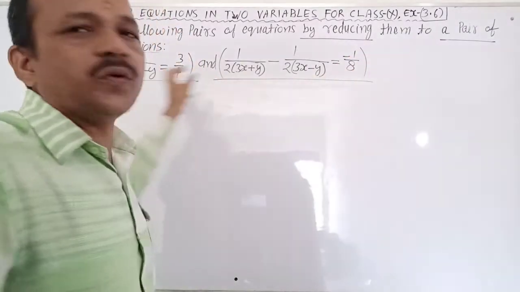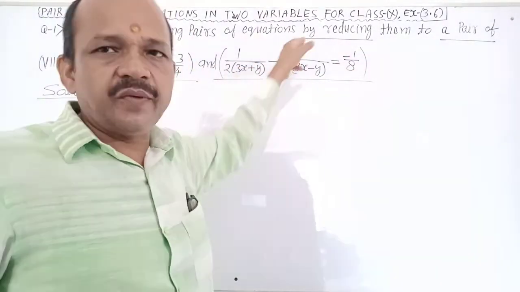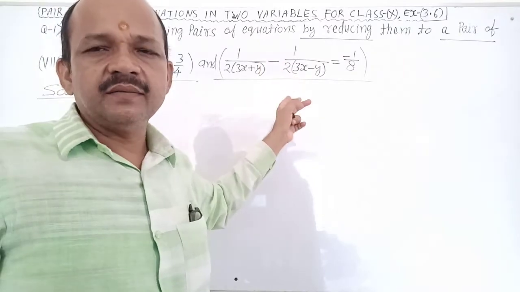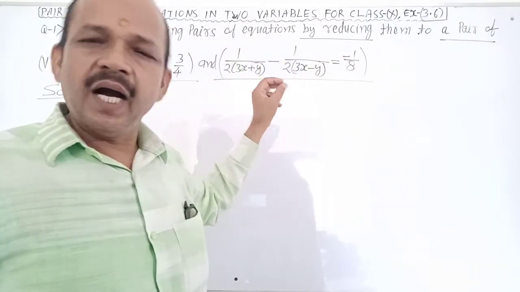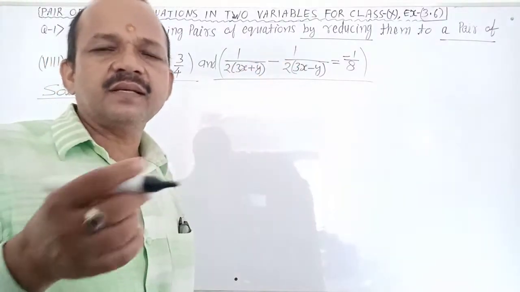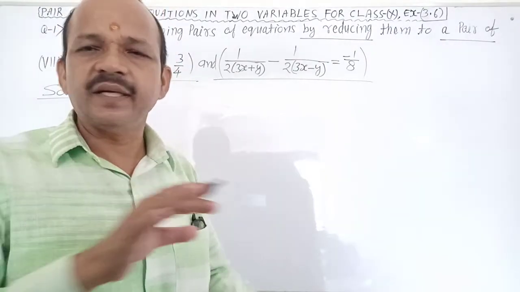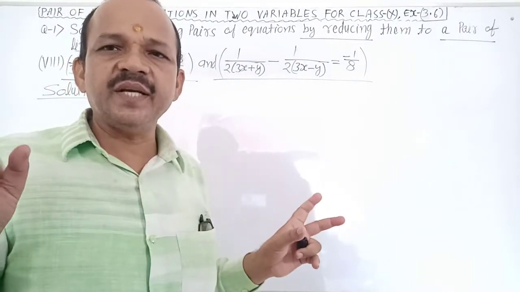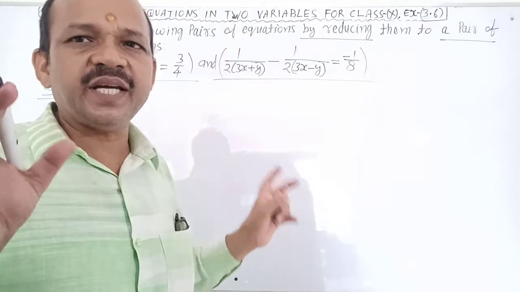It is the given equation. You reduce the given equation and then solve it and find the value of x and the value of y. It is clear, no confusion about it. Very good. It is very easy.